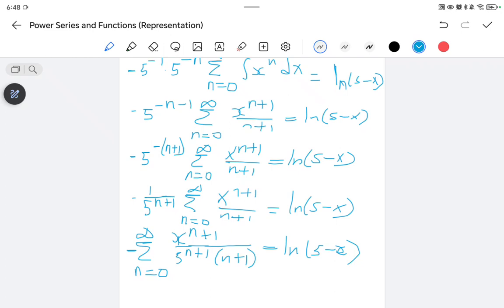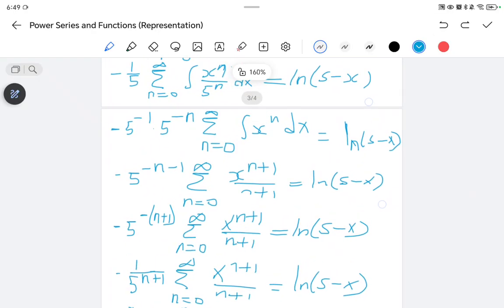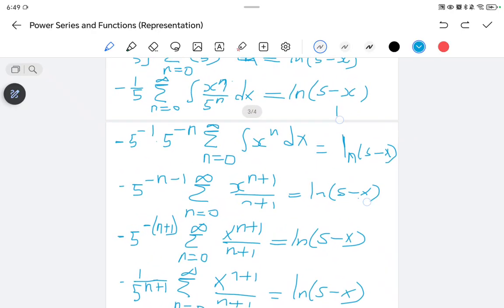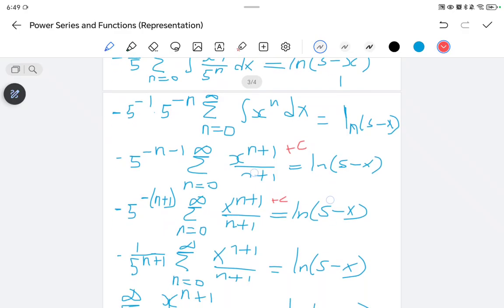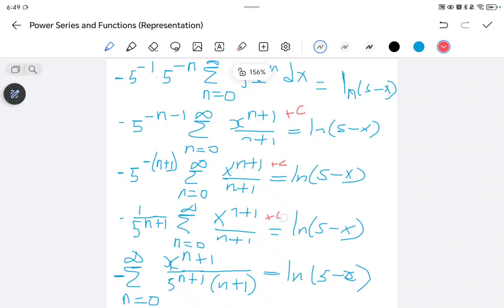So this would be the integral of this, right? Let me check where we started integrating here. Some books prefer that after integrating you must add plus c.